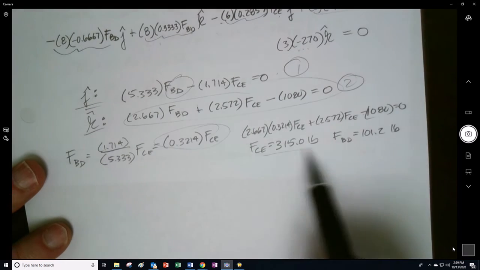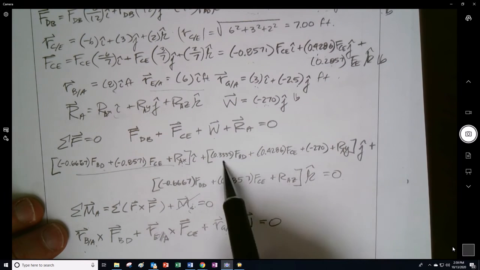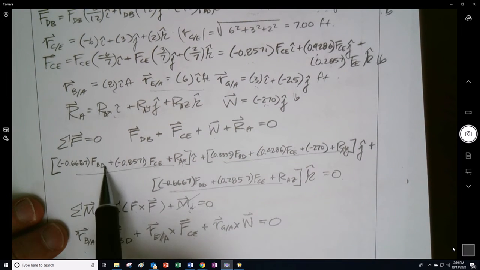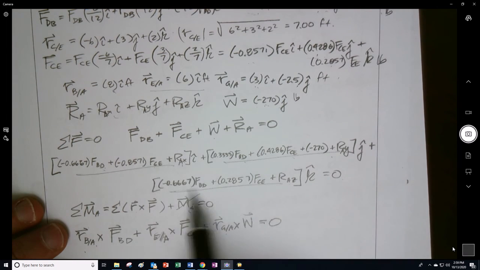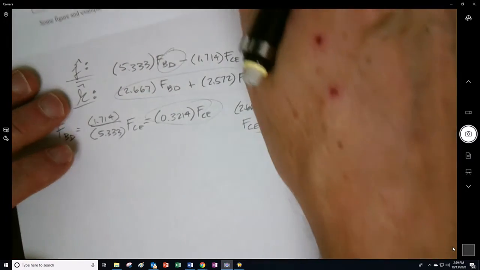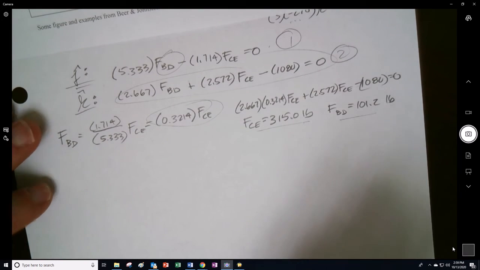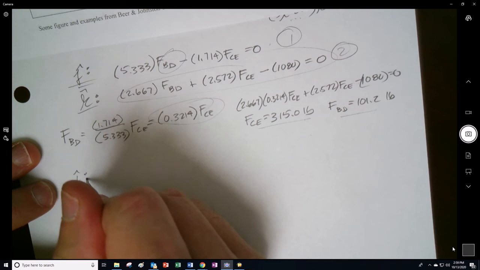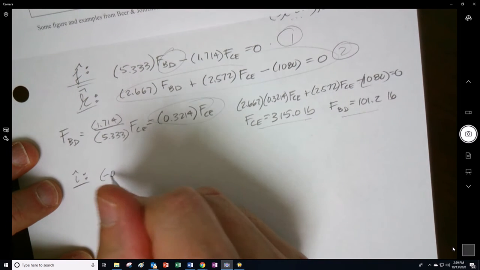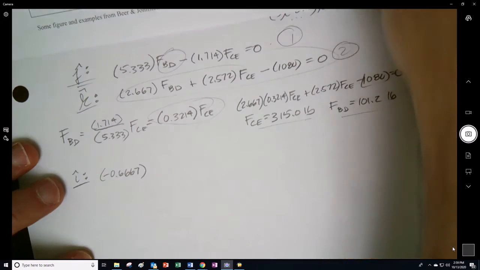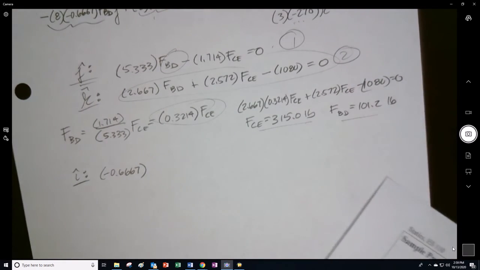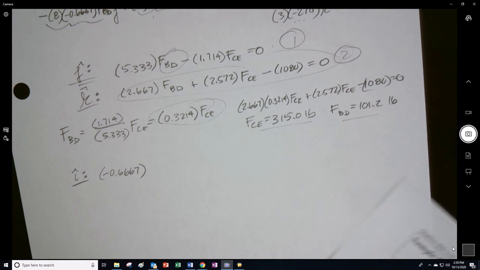And now I have these two tensions. Now I can come back over into here and find, because I have these tension, tension, reaction, find out what all the reactions are at A. It's very similar to what gets done in 2 dimensions. It just has to be more systematic to try to keep track of everything. So from my eyes, I say negative 0.6667. I will try to fold this so you can see it, although I'm going to use the back of it later.